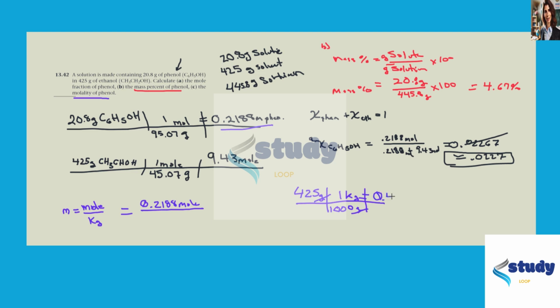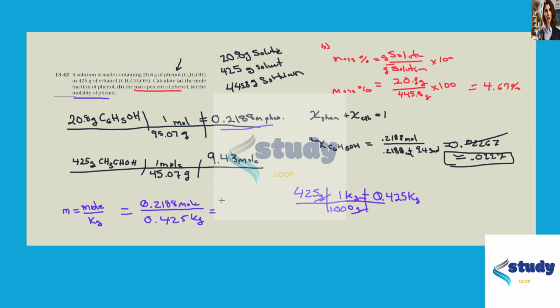Both end up with the same answer of 0.425 kilograms. So let's look over here. 0.425 kilograms. All right. So now all we have to do is put it in our calculator and find out what our molality of phenol is in this solution.